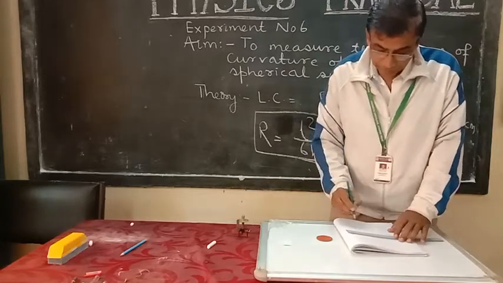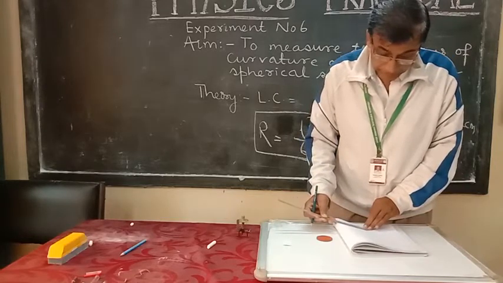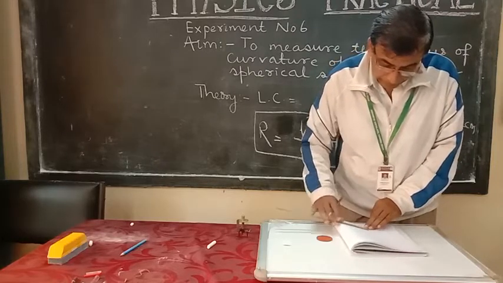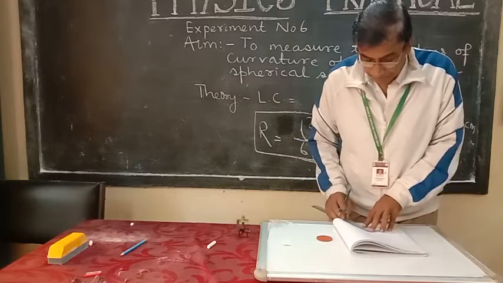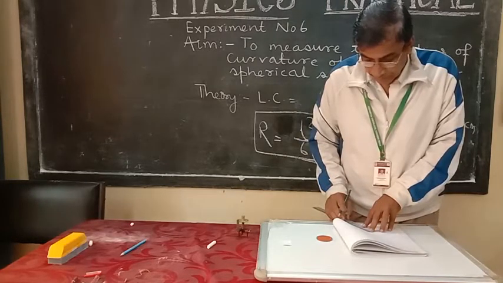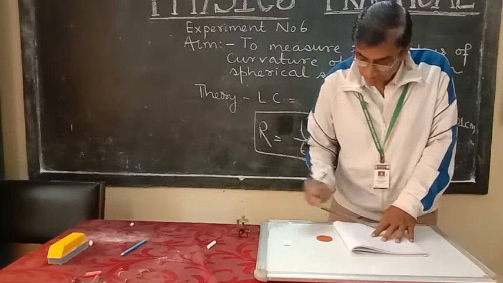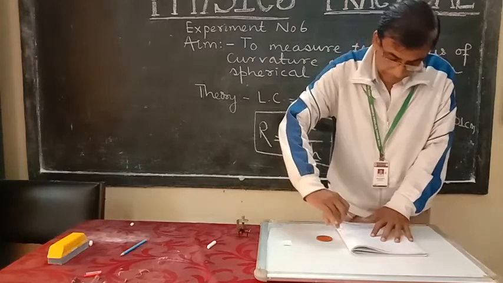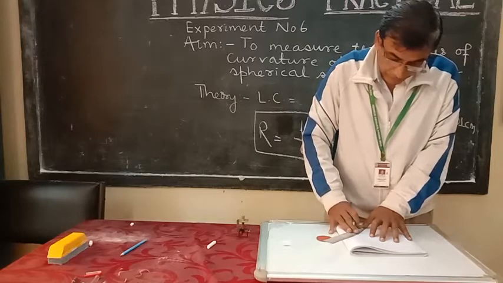So first measure. What is AC? AC is 2.6 cm. Again AB is 2.6 cm and BC is 2.6 cm.